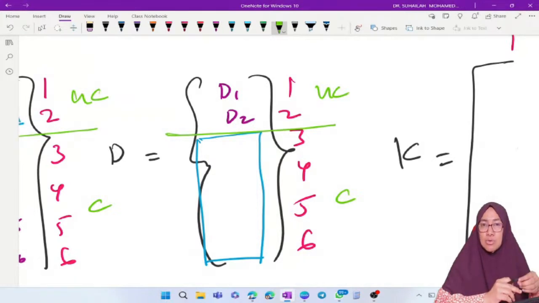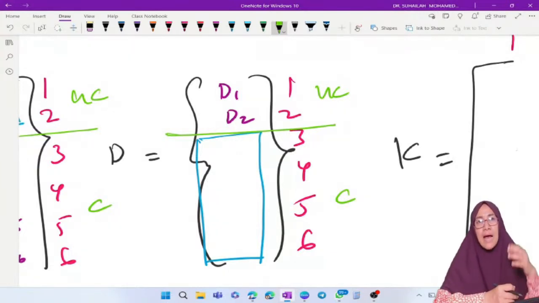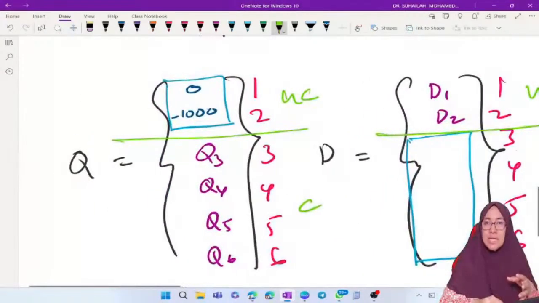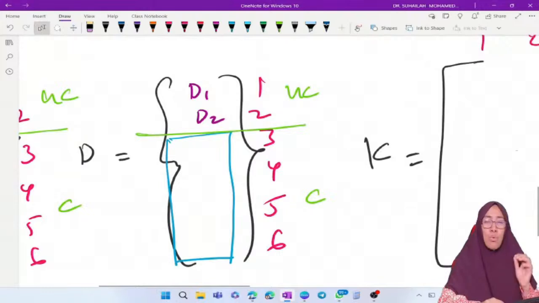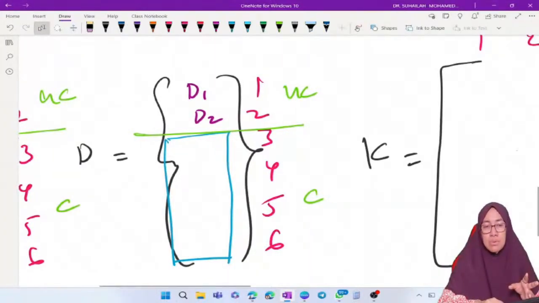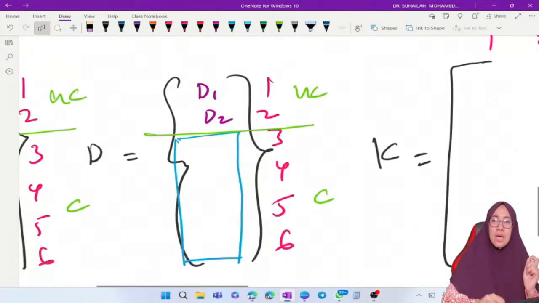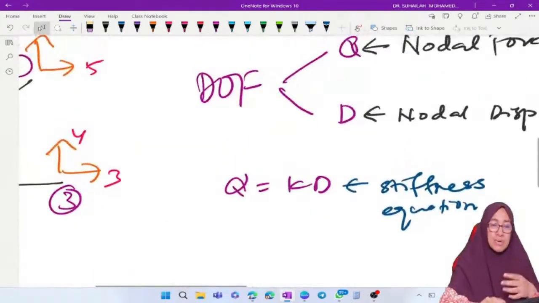Now D1 and D2 are unknown, so for D3, D4, D5, D6 we must put values, because it is unknown versus known. Previously under Q, it was known versus unknown. So what are the values for D3, D4, D5, D6? Who knows the value?